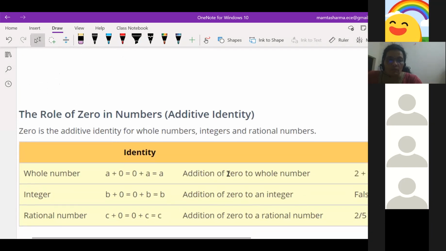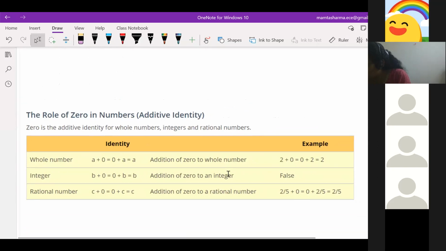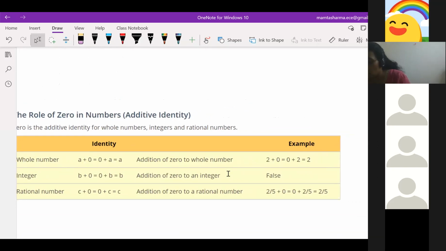The next property is the role of 0. What is the role of 0? If we add 0 to any number, will its value change? No, its value will not change. Suppose you have 2 chocolates or 3 or 5 chocolates.